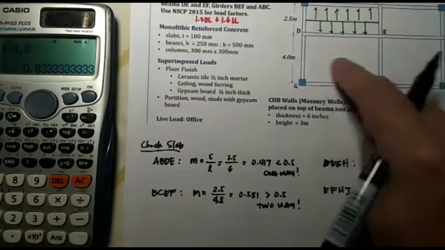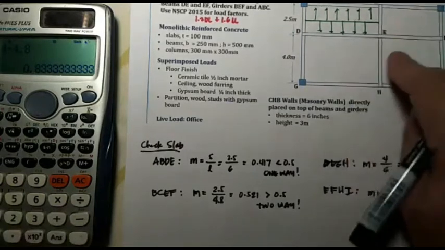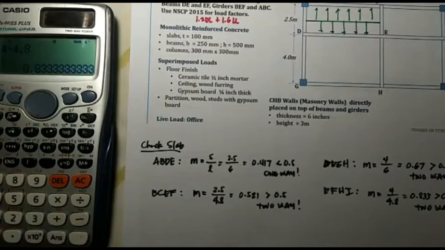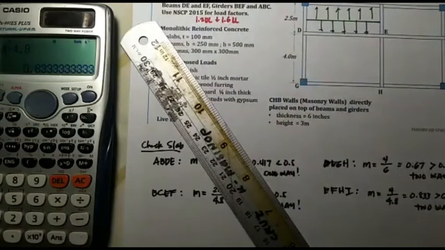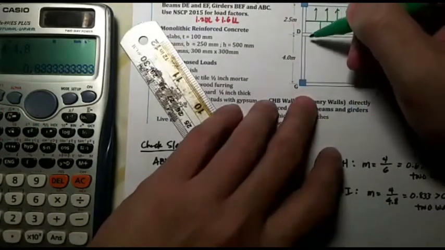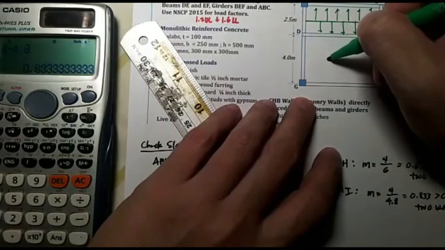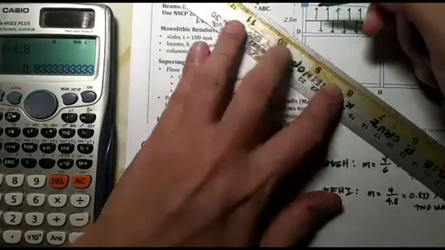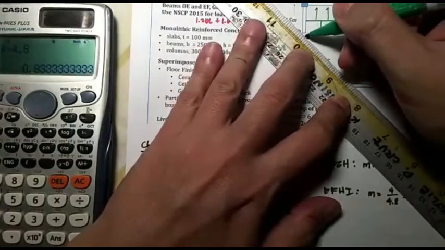So all the remaining slabs are considered as three-way. So paano ang three-way? Diba pagka three-way, ang ginagawa natin is we draw a 45 degrees. So 45 degrees. So let's say here.